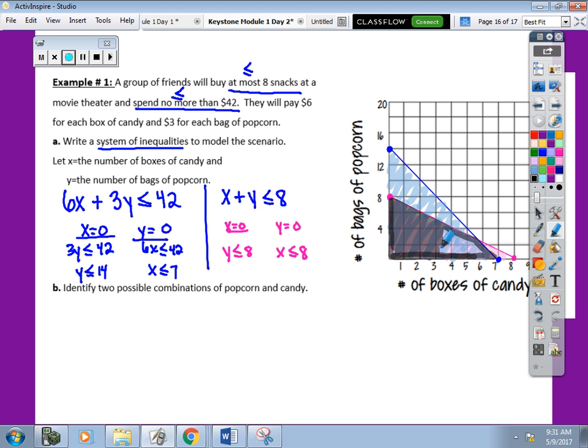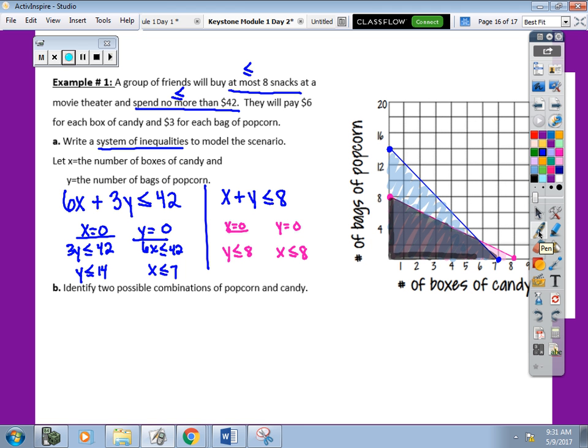So this is the solution set of all the combinations in between. Now remember, when you're answering part B, it asks you to identify any possible combinations. You're not going to pick decimals or fractions because you cannot purchase half a bag of popcorn or half a box of candy. So we would pick whole numbers for that.